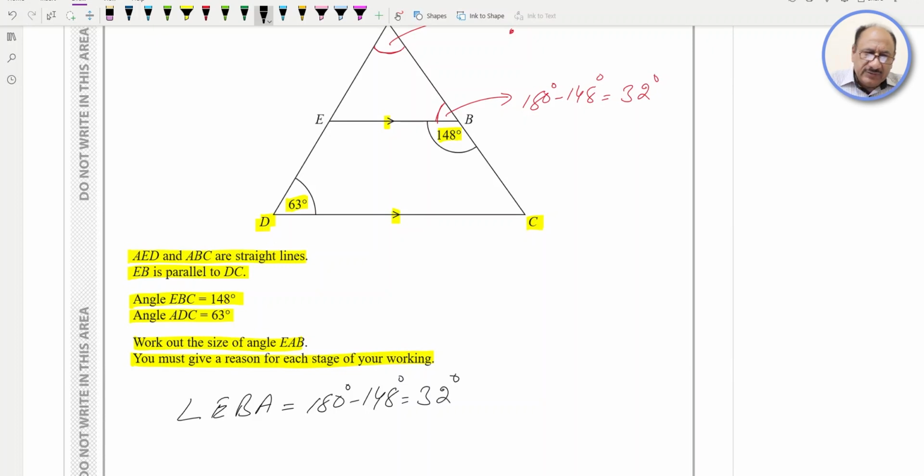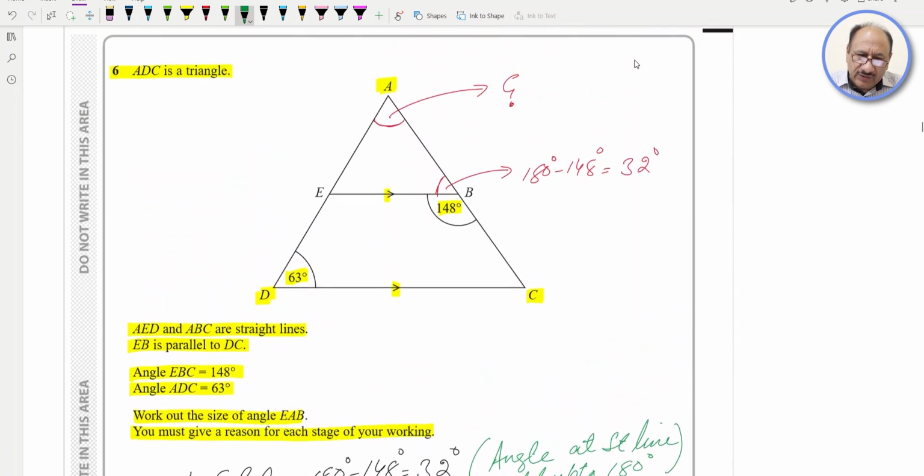And what will be the reason? The reason we will provide, we can write: angles at a straight line add up to 180 degrees. So this will be the reason which we have provided for this statement.